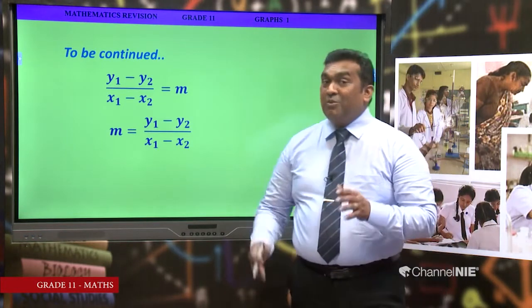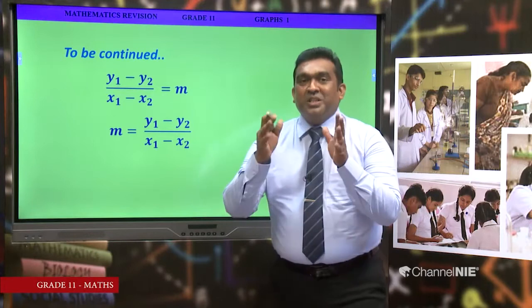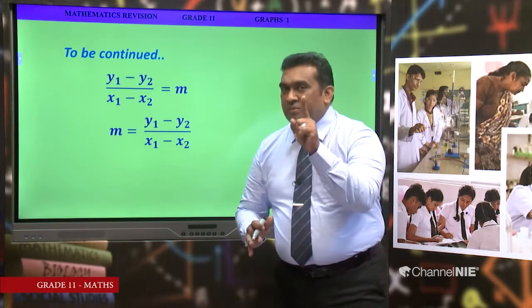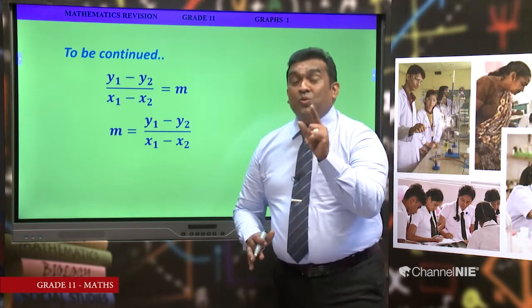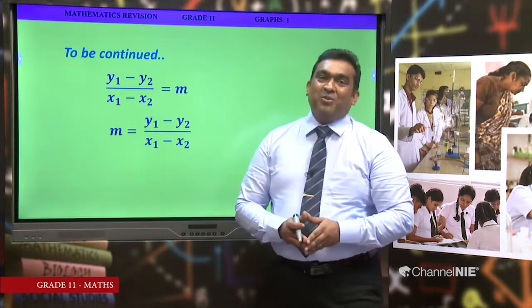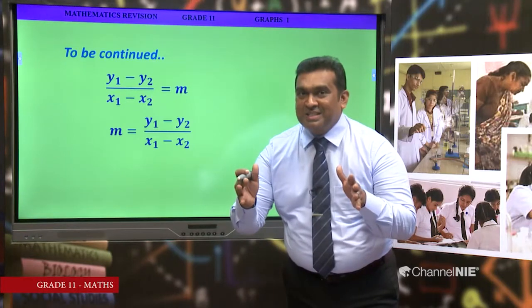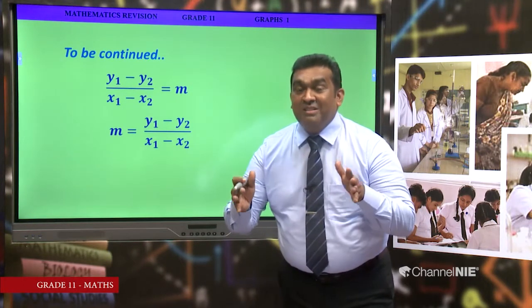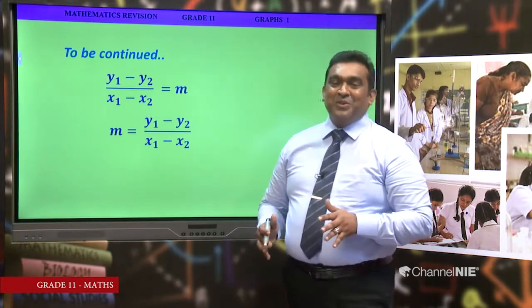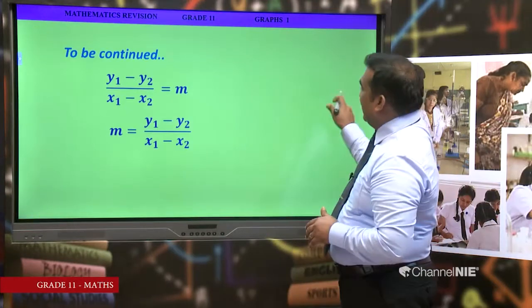If you want to find out the gradient using 2 points, remember the words, using 2 points, then consider difference of y coordinates and divide it by difference of x coordinates.